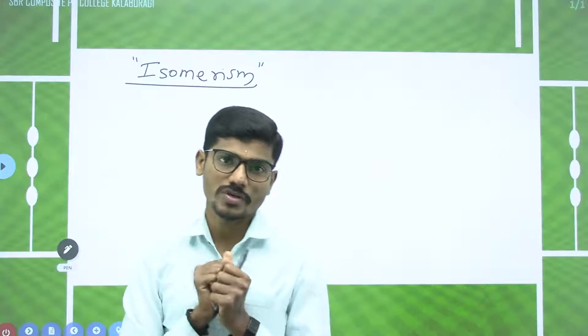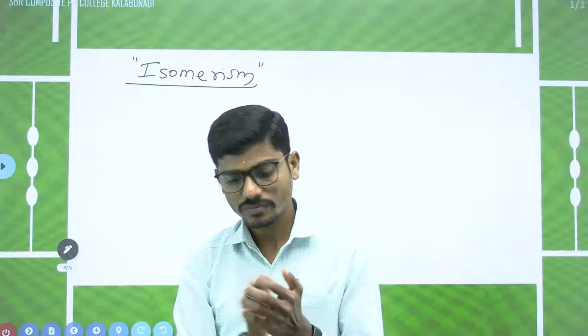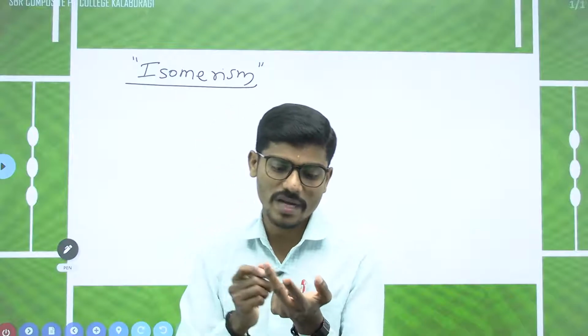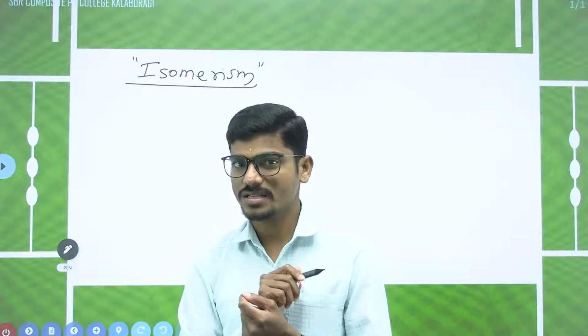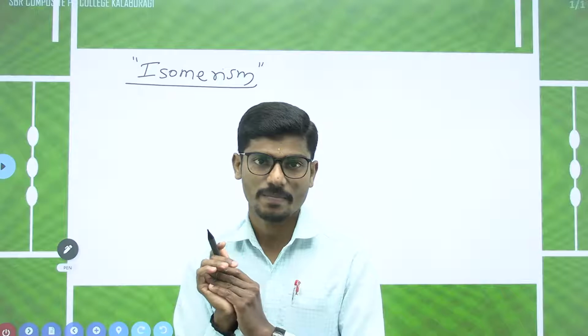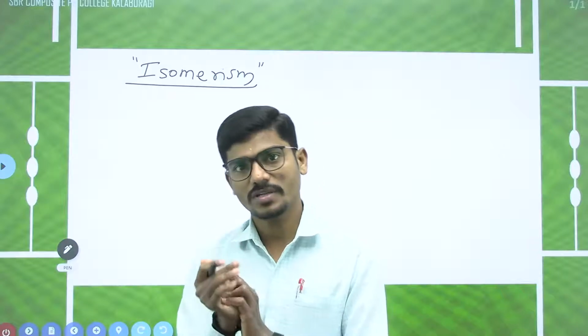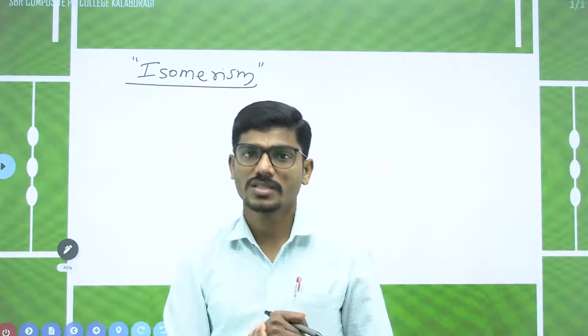Whereas in stereoisomerism, we have studied different types: geometrical isomerism and optical isomerism. In geometrical, cis and trans, RS configuration, EZ nomenclature, etc. And optical isomerism is separate, and we have also studied optical isomerism in haloalkanes.